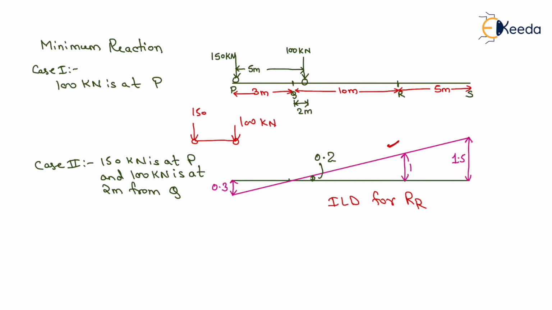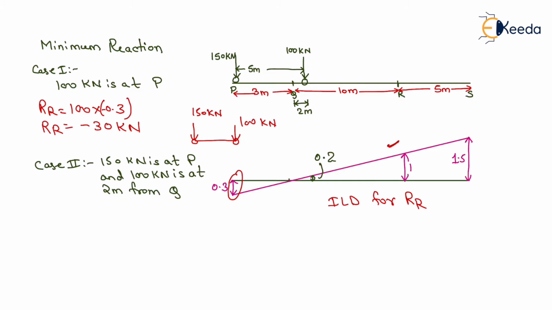So only the 100 kN load is present on the span of the beam PQRS. If we multiply the 100 kN load with the ordinate, that is 0.3, we get the reaction as 100 into 0.3, and we write minus because the ordinate is negative, so it will be equal to minus 30 kilonewton. That will be the reaction at R when the 100 kilonewton load is at P.